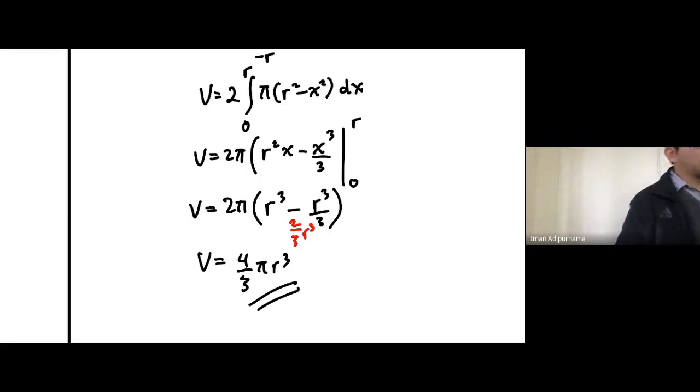Okay, so this type of questions, sometimes it's in your textbook, maybe the middle or the last part. You can check chapter 6.2, volumes here. Usually they will have some geometric formula.